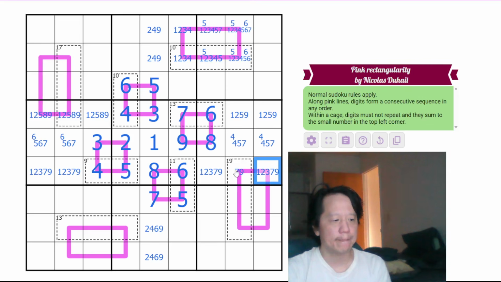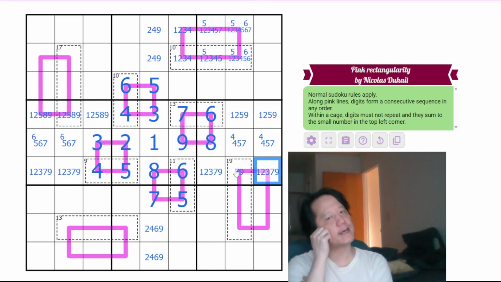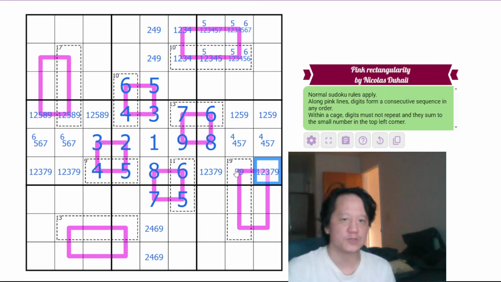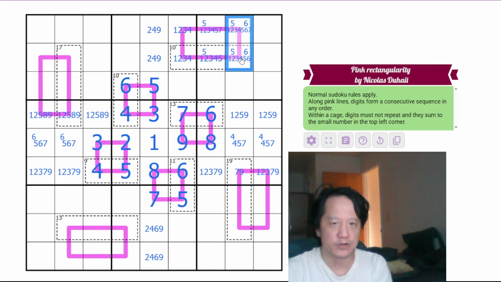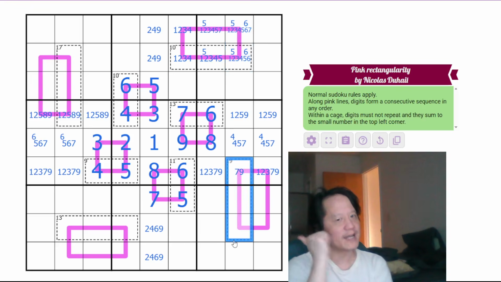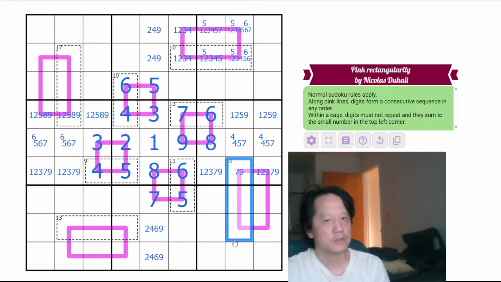To add up to 19, no 2, 8, 9, no 3, 7, 9. 4, 6, 9 does work, but we can't have a 6 here because we're guaranteed a 6 there. 4, 7, 8 does work. So we could have 4 and 8 here with 7.